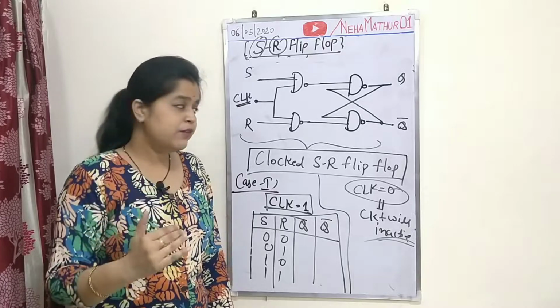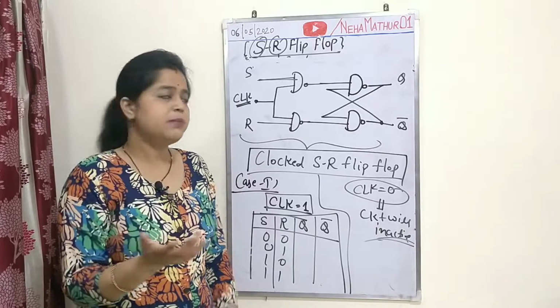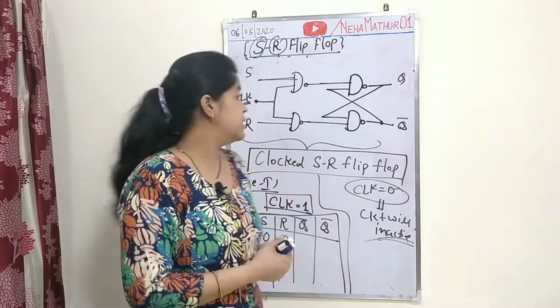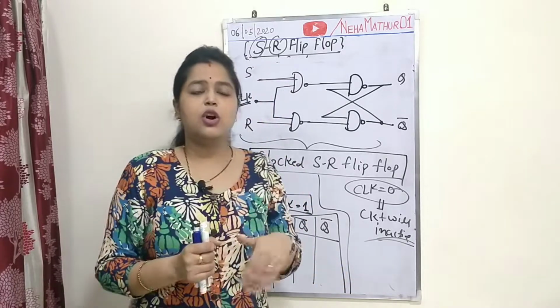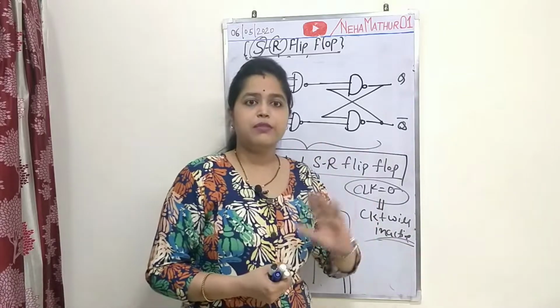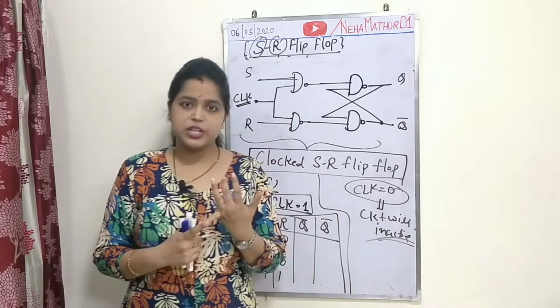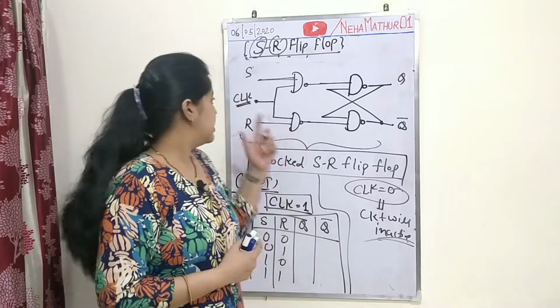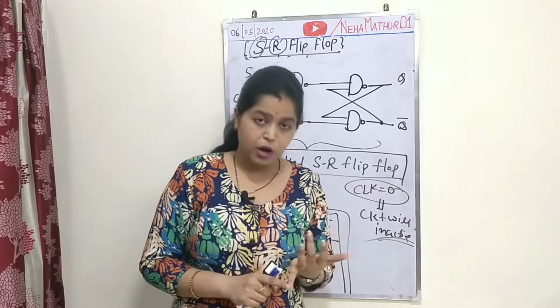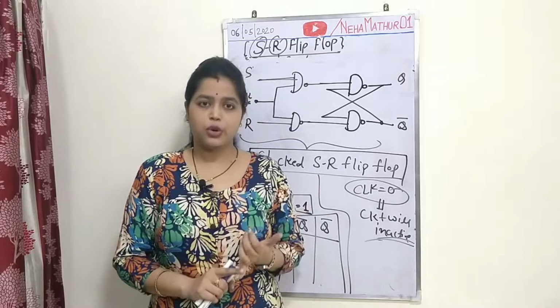But it will be good if you keep this concept in mind that you should always go with the clock when designing any sequential circuit. So with the next type of flip-flop, the JK flip-flop, we will go with this clock switch. Fine. So this is the actual concept of the SR flip-flop with clocked switch also.